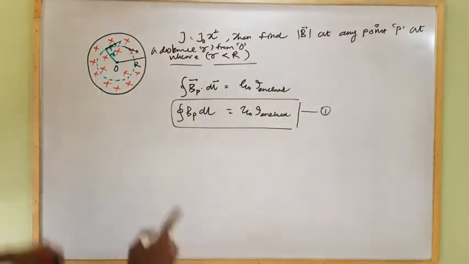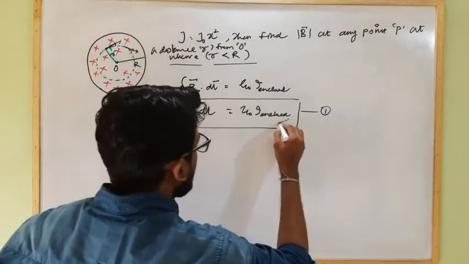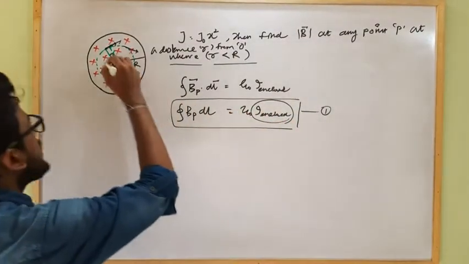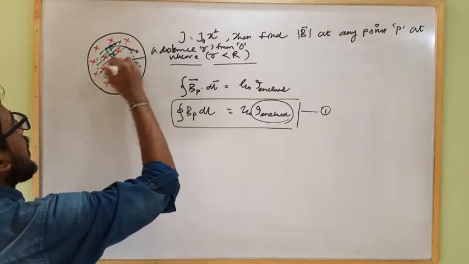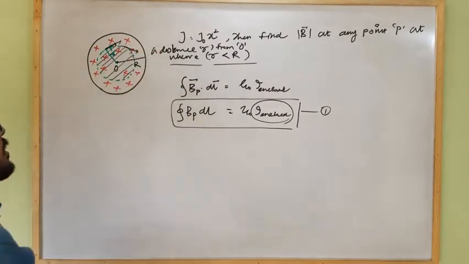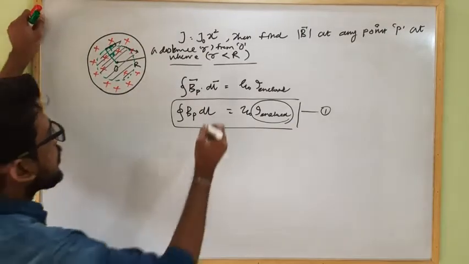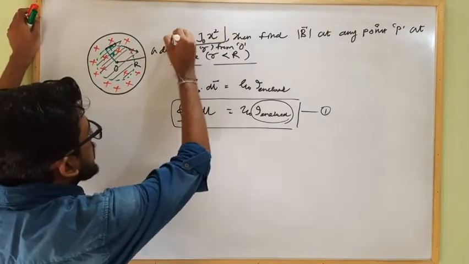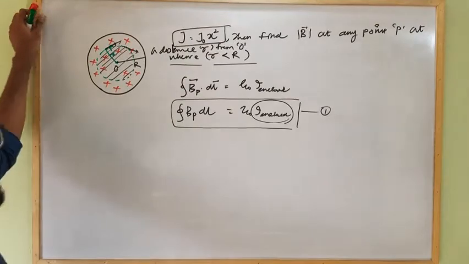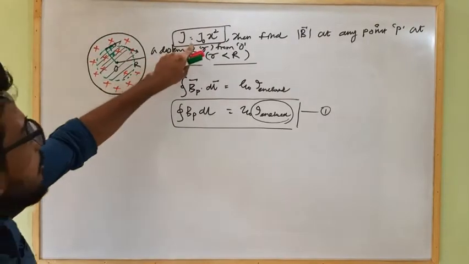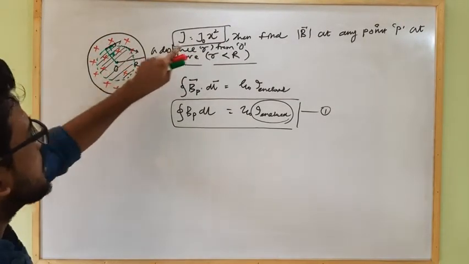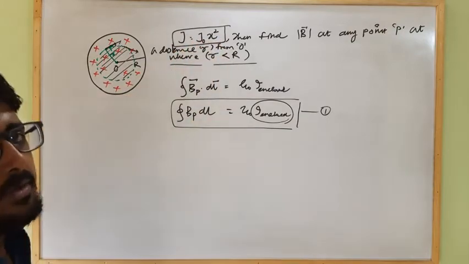Clear? Now we have to find the value of I enclosed within this Amperian loop. Here the current density for this complete current carrying conductor varies as a function of distance from center O. So at different distances from center O, the current density value will be different.